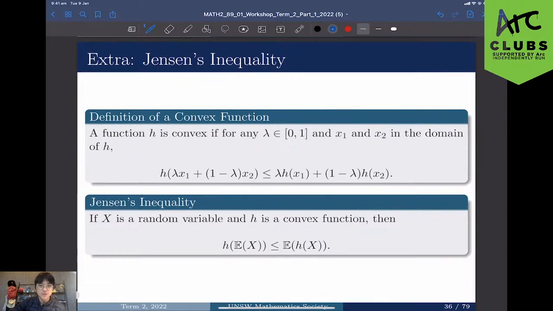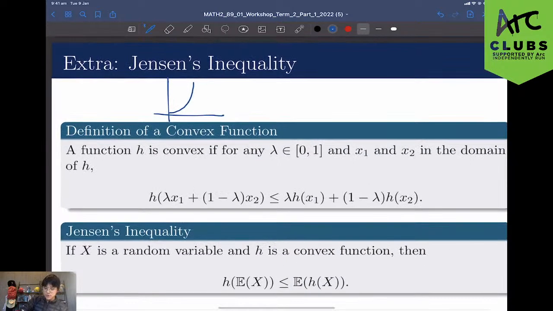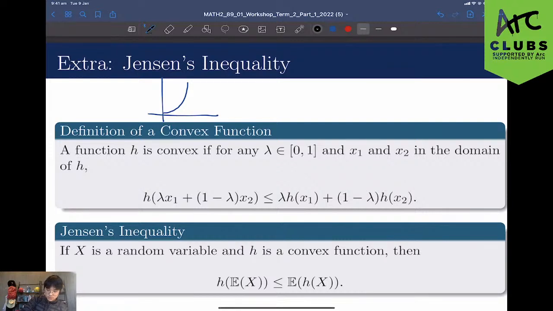We also have Jensen's inequality. So a function h is convex if, for any lambda between 0 and 1, the following holds. I'll just draw a convex function. A convex function is where if you pick 2 points of the function and you draw a line, the line is going to be above the function.